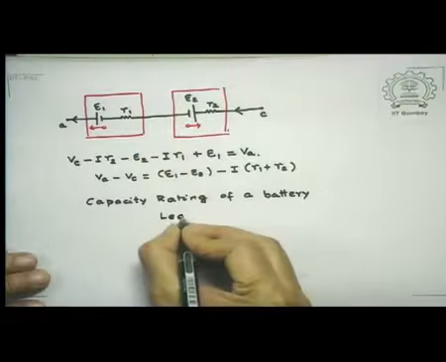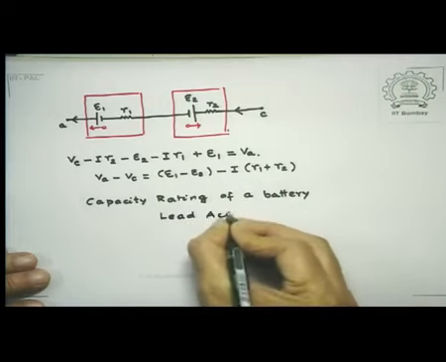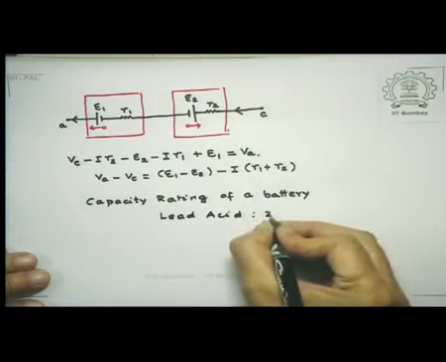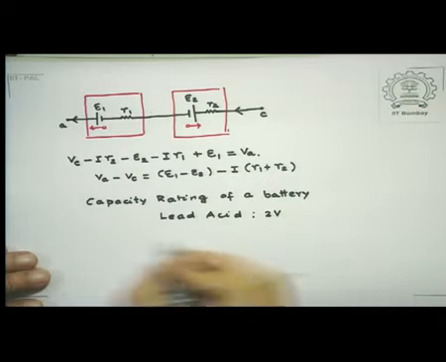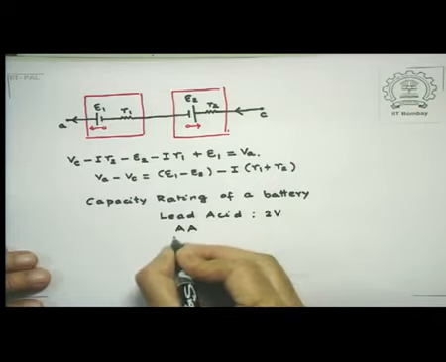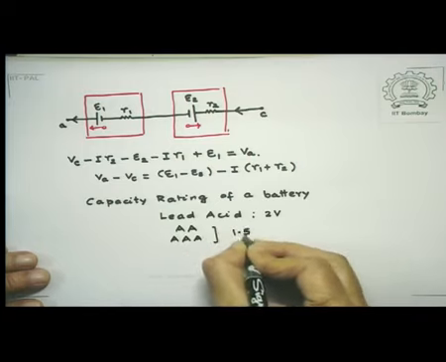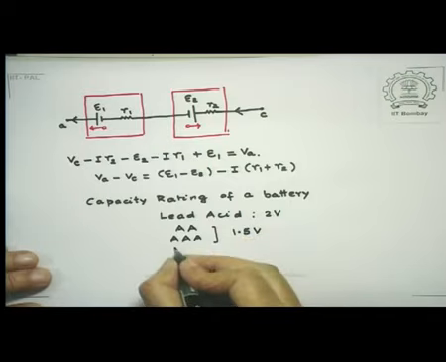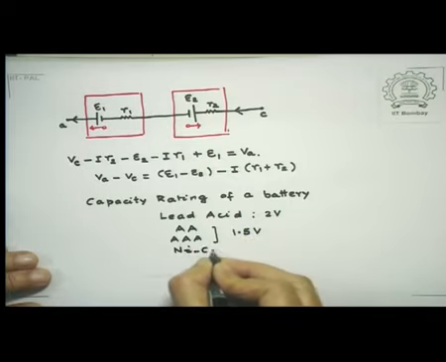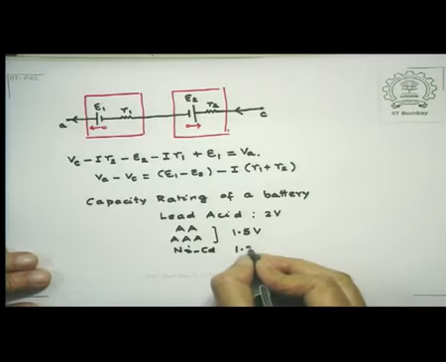In the market, there is usually an assortment of voltages and ratings available, and typical, for instance, is lead acid batteries, which supply you 2 volts. The more common AA or AAA batteries supply you 1.5 volts. Nickel cadmium battery, which is another common battery available, gives you 1.2 volts.